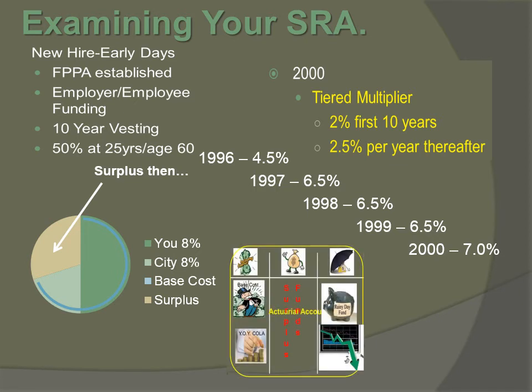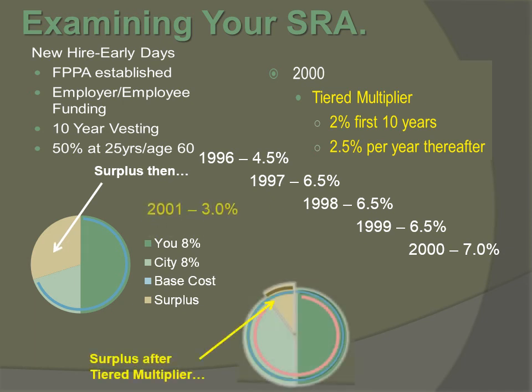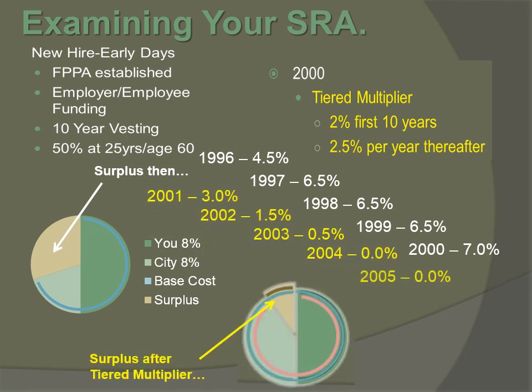The surplus was used to increase the base benefit, and as you can see, the SRA allocations were cut down considerably because of that. In fact, there has never been an allocation over 1% since 2003. Knowing how the plan funding works explains why SRA balances have been lower since the tiered multiplier. The implementation of the tiered multiplier pretty much replaced the larger SRA allocations of yesteryear.